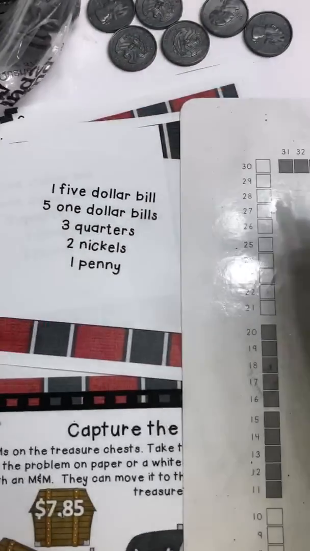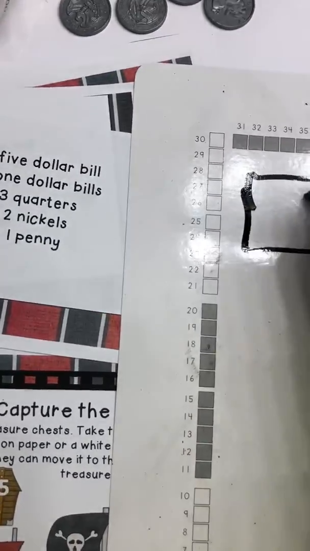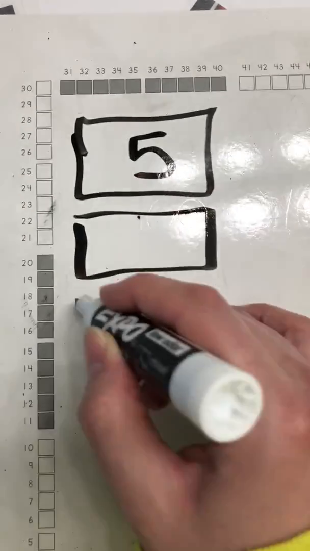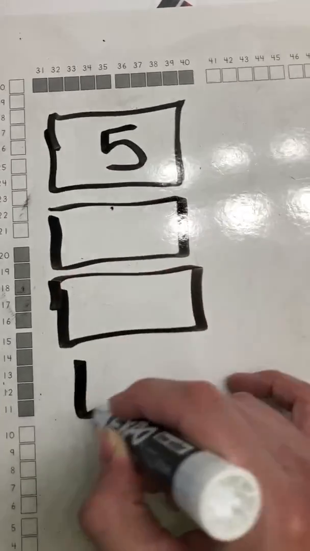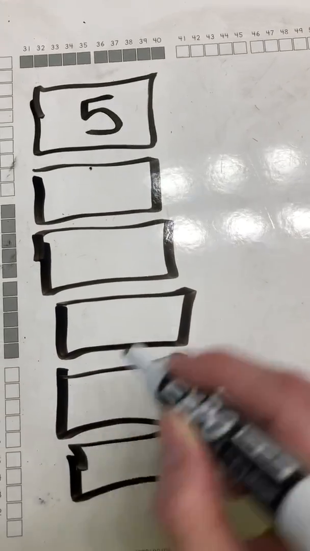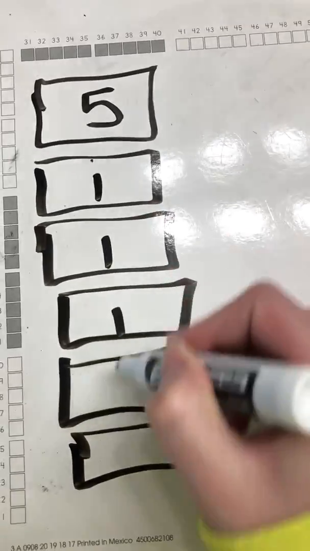3, 2, 1. And what I'm going to do is I'm going to draw all that out. So it says I have 1 $5 bill. That's how I drew it. 5 $1 bills. 1, 2, 3, 4, 5. And each one of those is worth 1.